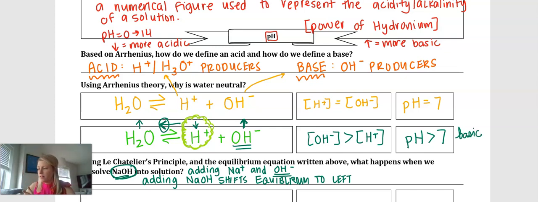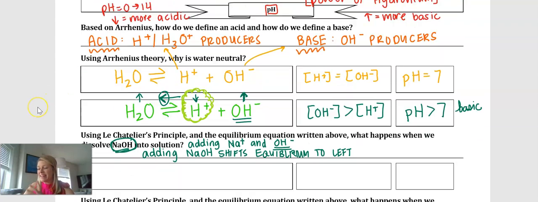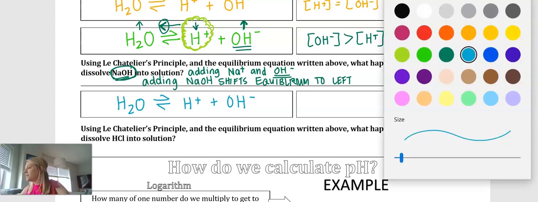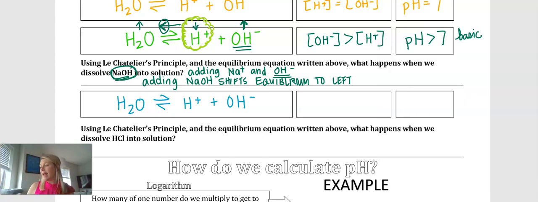All right, let's do this again. Let's now talk about adding an acid and how that impacts our solution. So again, I just want to quickly rewrite my equilibrium. H2O is in equilibrium with H plus and OH minus, okay? And so what's going to happen when I add HCl into solution?